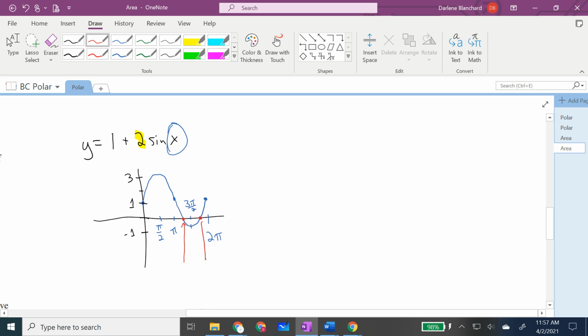We need to know anytime the radius is equal to 0, what angle are we at? So when you are dealing with that, I want to point out that we are actually dealing with this polar function. We are trying to solve for when r is equal to 0. So that gives us sine theta being -1/2.